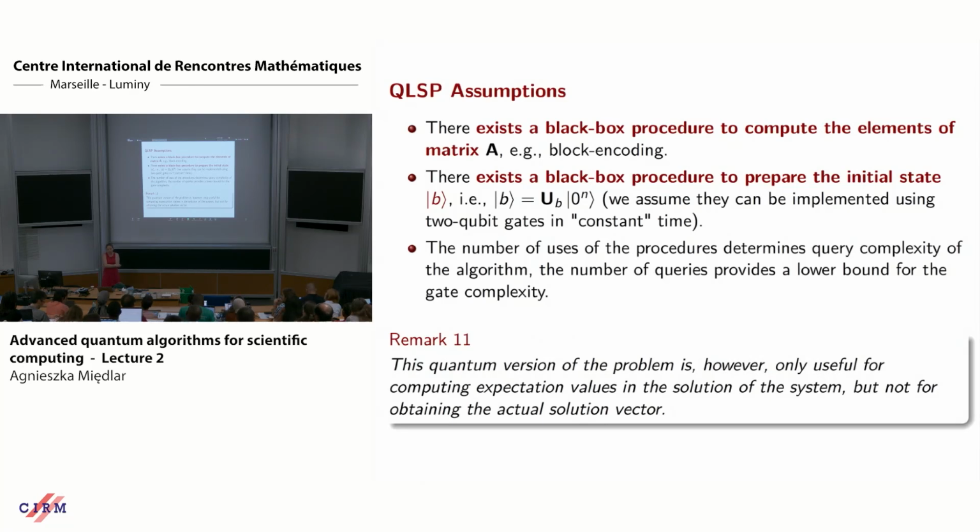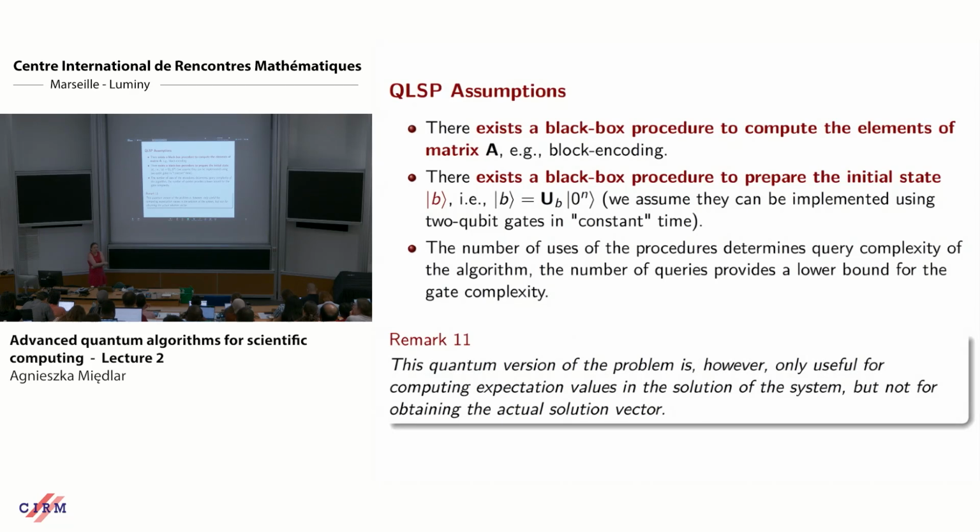The number of uses of this procedure determines the query complexity. So the number of times you have to do the state preparation and access the entries of the matrix connects to the complexity of this algorithm, and it also provides a lower bound for the gate complexity. So there are some assumptions we have to take into account.